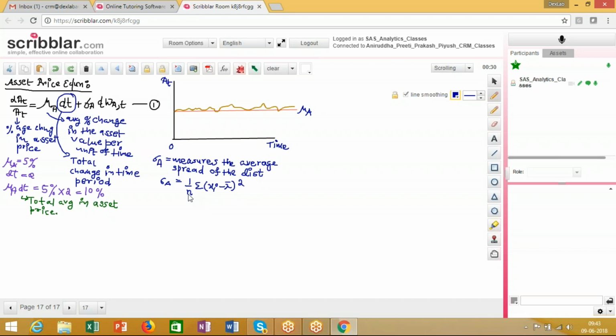Clear? So this part is sigma A. That is 1 by n summation i equals 1 to n xi minus x bar whole square.